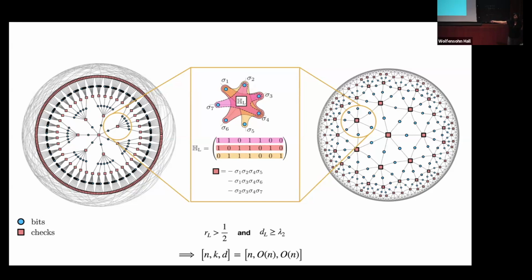No, k is what? 743. Okay, yeah. So this condition is fine because it's 4/7. But this DL is not greater than λ2 in these graphs. So that's the proven part, but this is just a bound on the distance. If that's true, your bound is definitely going to give you that this has a large distance, but that bound could be very loose.